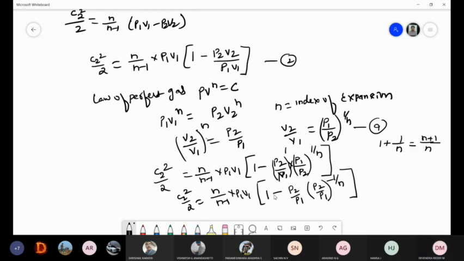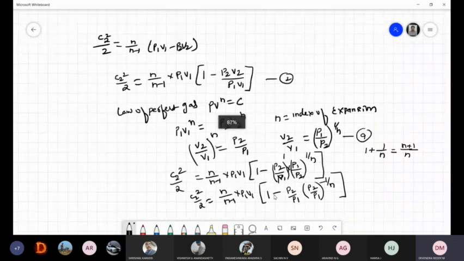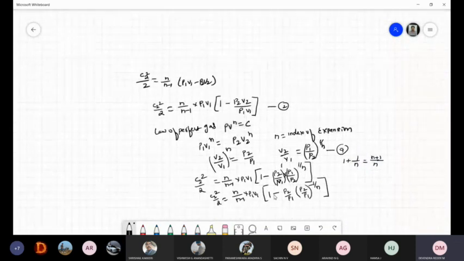No, sir. Now again, same equation, C2 squared equals 2n divided by n minus 1, P1 V1 times 1 minus, what is the power for P2 by P1? 1, right?